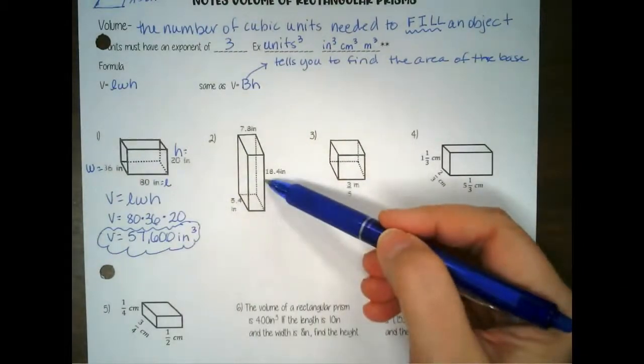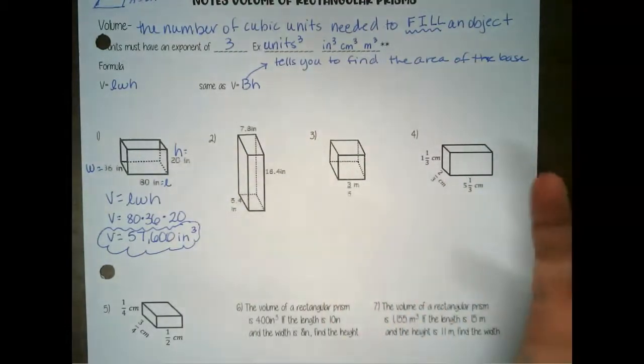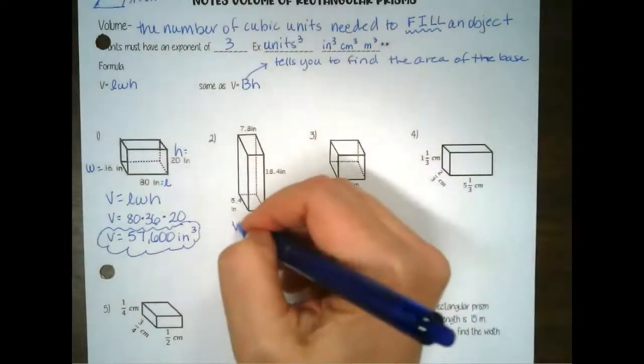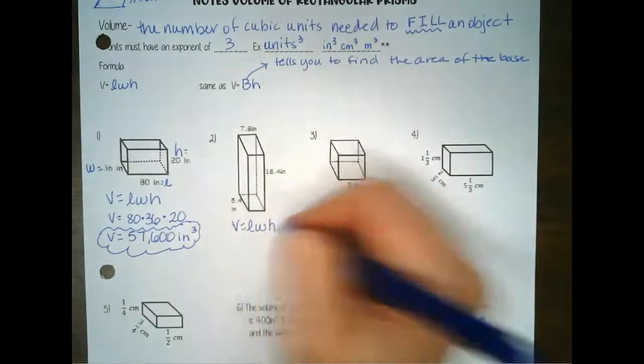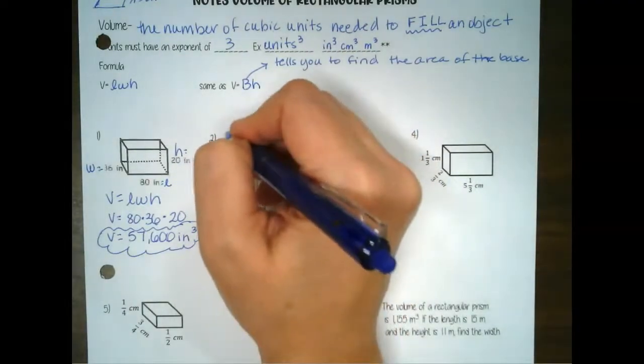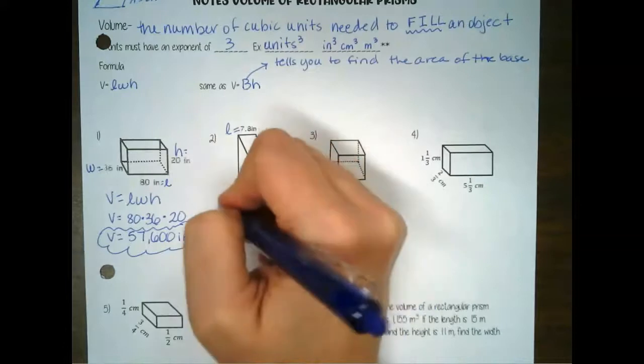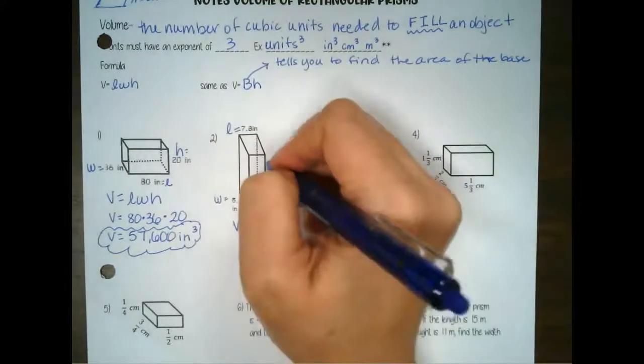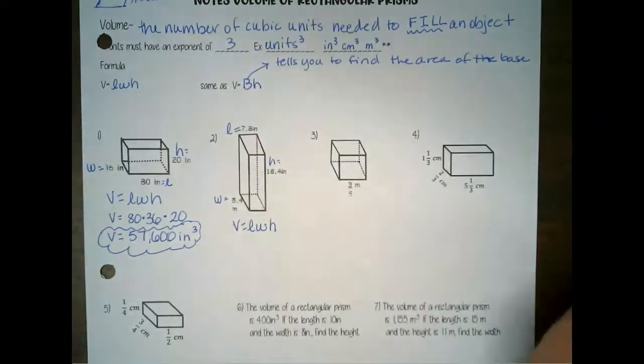Here we have a decimal. Still, it's the same formula. Volume equals length times the width times the height. Label your dimensions. Length goes across, width goes front to back, and height is how tall it is.